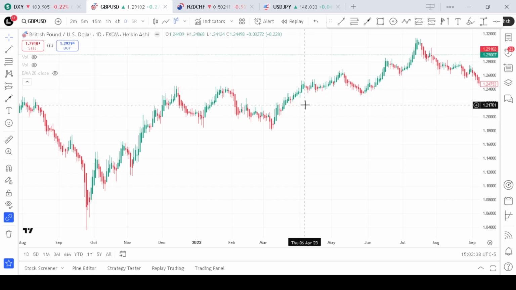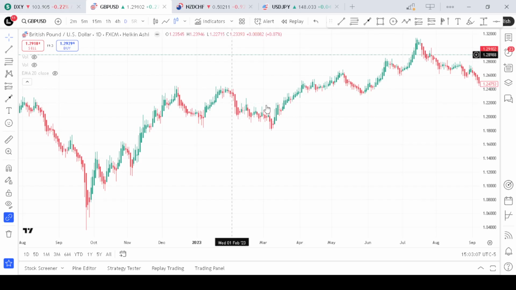Strong bullish candles often have no lower shadows or wicks, signifying strong uptrend momentum, while bearish candles, a series of red candles, usually signal a downtrend. Strong bearish candles often have no upper shadow, showing consistent downward pressure.